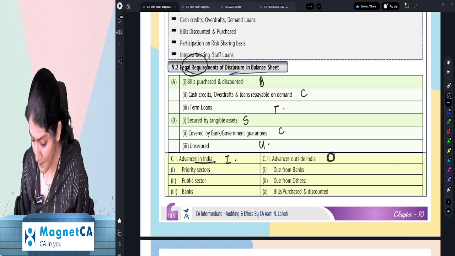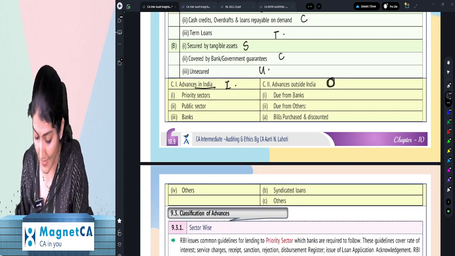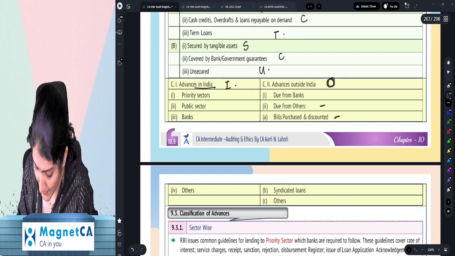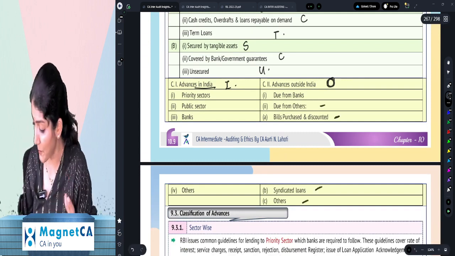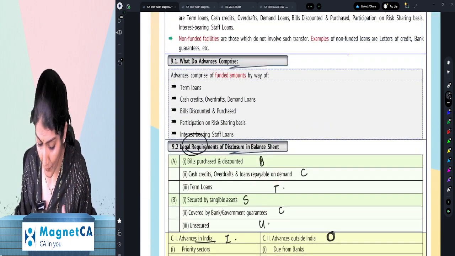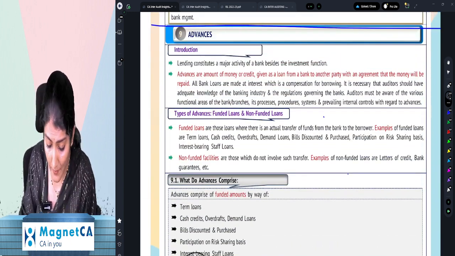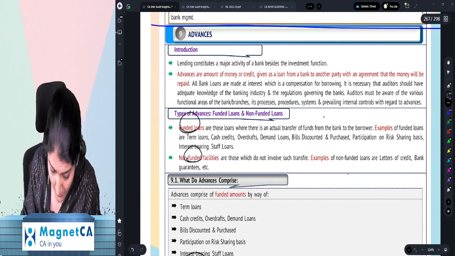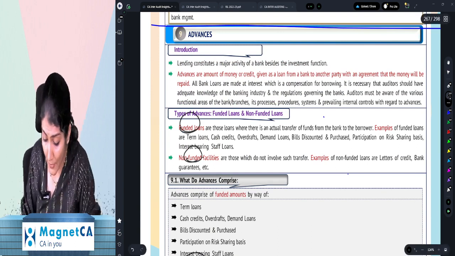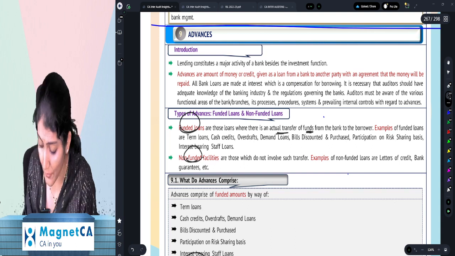Priority, public sector, bank, and the others, and due from bank, due from others, bills purchased, discounted, syndicated loans, and the others. So BCT, SCU. And all these advances of the bank could be a funded advance or a non-funded advance. Funded involves the actual transfer of the fund.